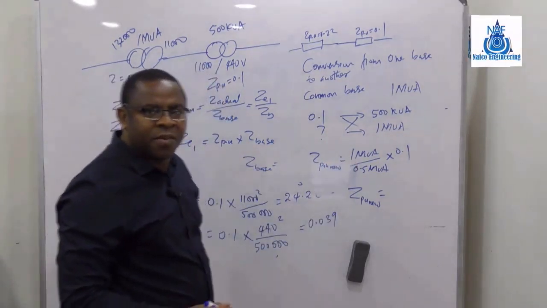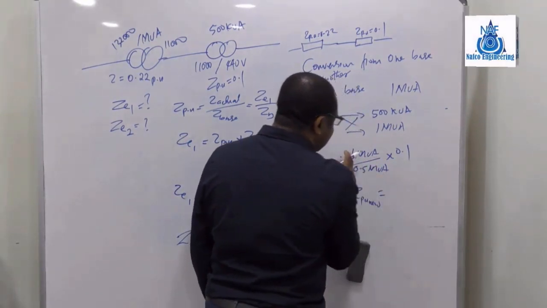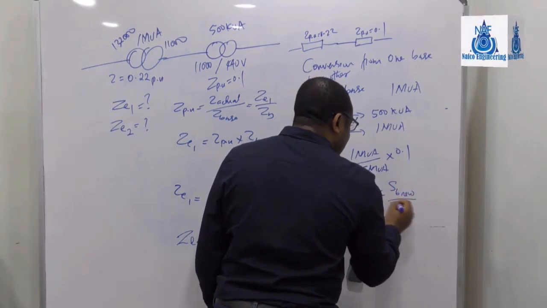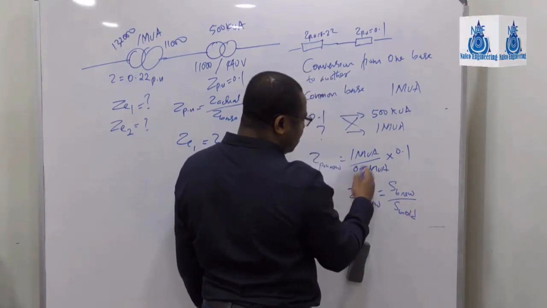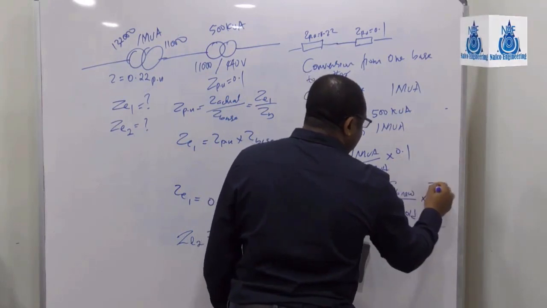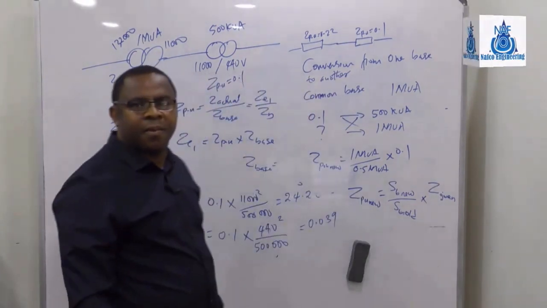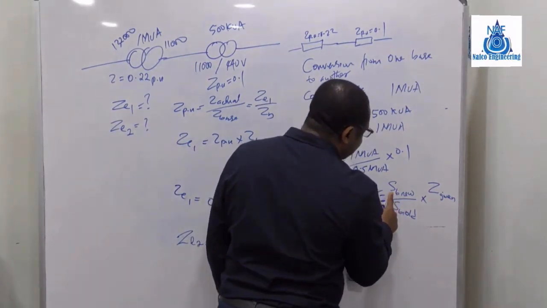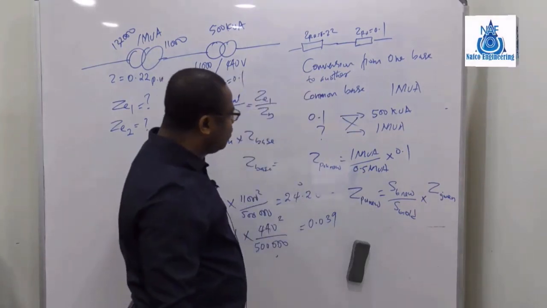will be S base new over S base old, the given S base, multiplied by Z given. So Z per unit new is S base new over S base old times Z given to you.